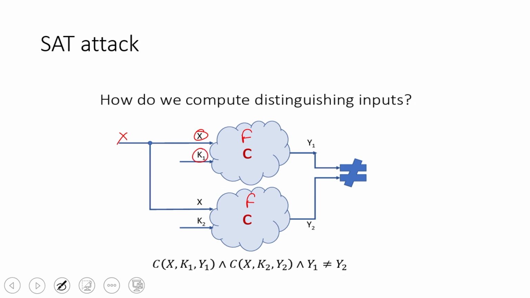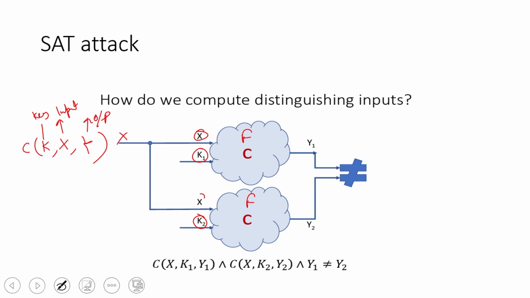The actual circuit was C, it has key input K, input X, and Y is the output.